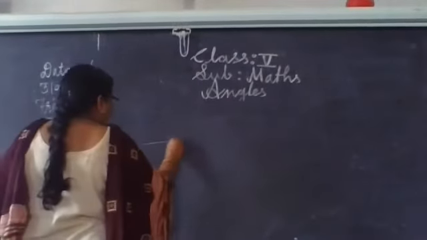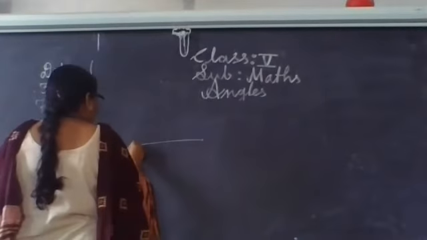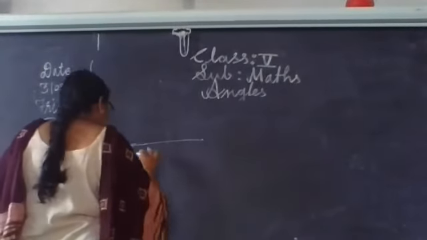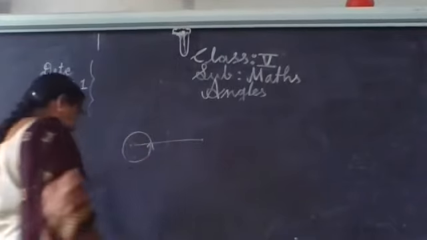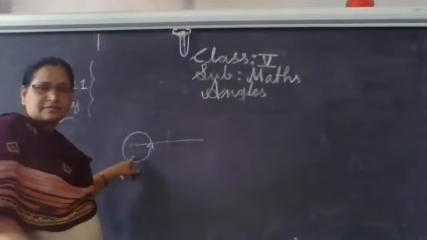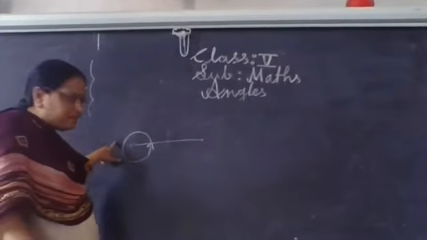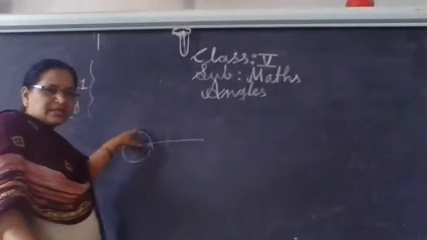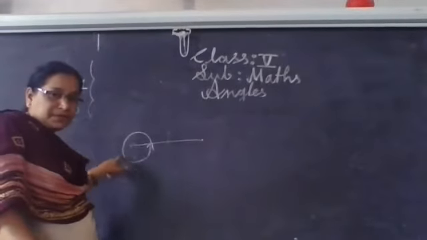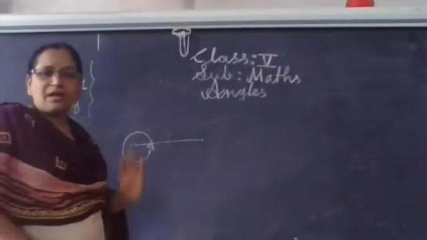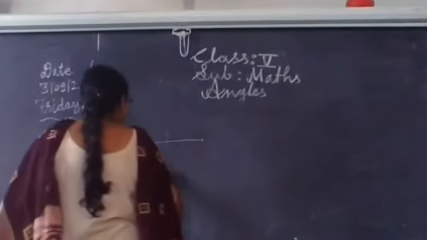One more angle is given and you have to identify it. It is like this. Now see children, what is the symbol of this? It completes one full rotation. That's why it is a complete angle.